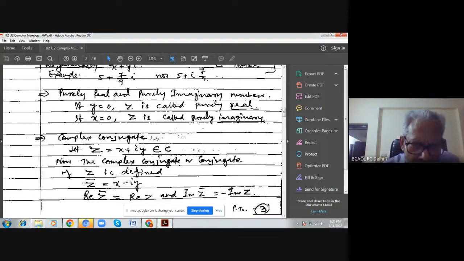Conjugate is basically defined this way: suppose it is z, then z bar, with one line on top, is equal to x minus iota y. So this is the conjugate of z equal to x plus iota y. Here we are just taking the conjugate of this particular complex number.